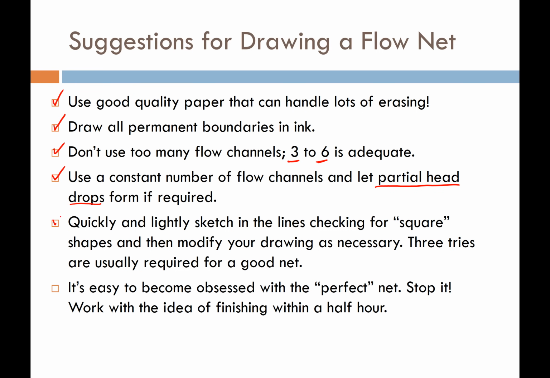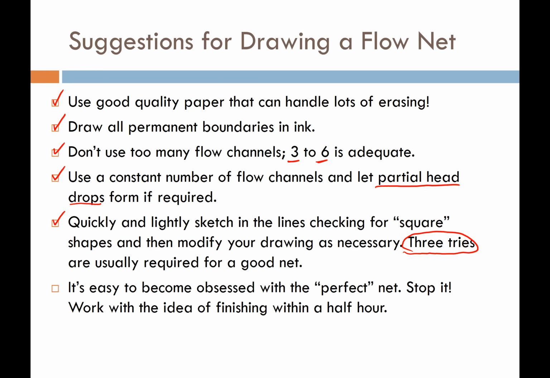I recommend that rather than try to draw the perfect flow net from the start, quickly and lightly sketch your lines initially. Just do a quick and dirty sketch. And don't spend too much time or be too careful with it. Just throw something on the paper and then start modifying it. In general, I found with most students that 3 tries is about what's required to get a good flow net.